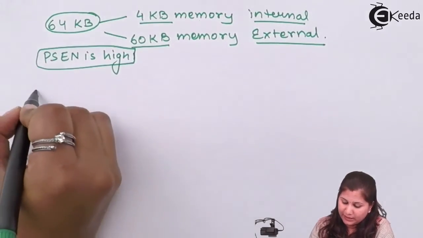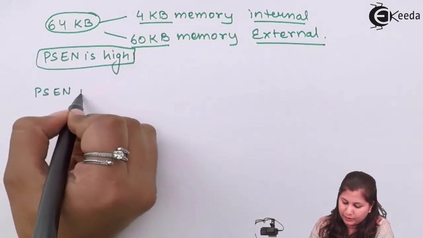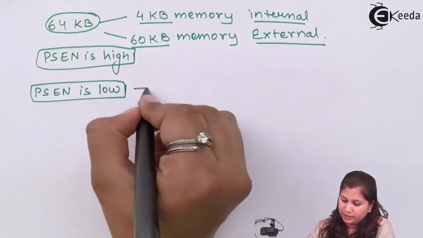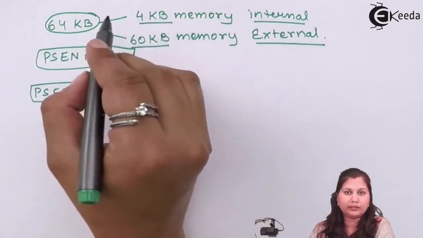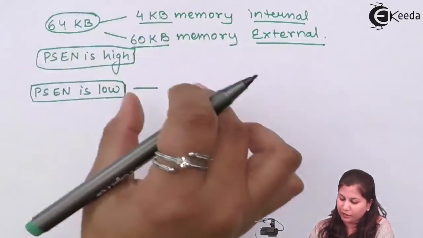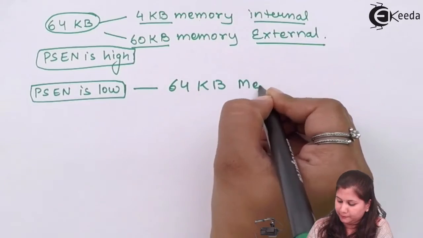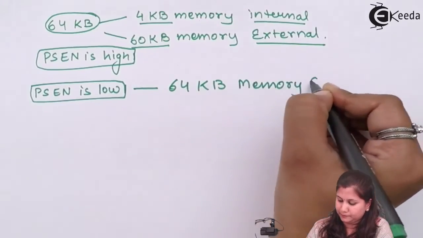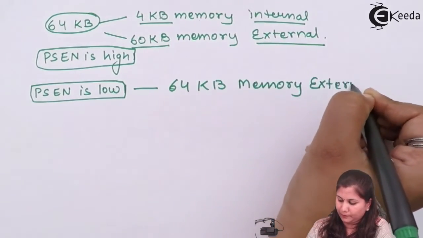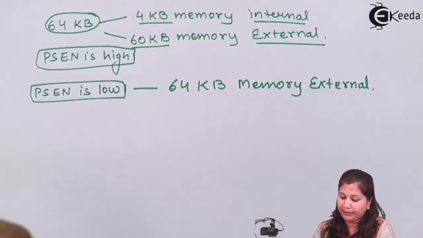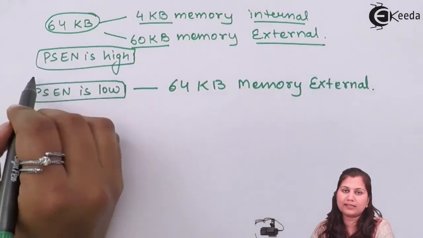And when this PSEN signal is low, then this 4 kilobytes of internal memory will be ignored, and we have the complete 64 kilobytes of memory as external. So in the 8051, we can divide this ROM program memory into two parts, either internal or external, depending upon the condition of this PSEN signal.